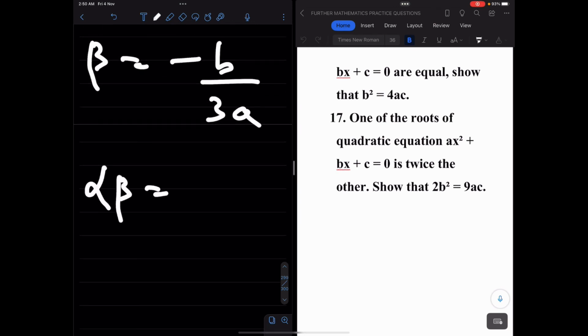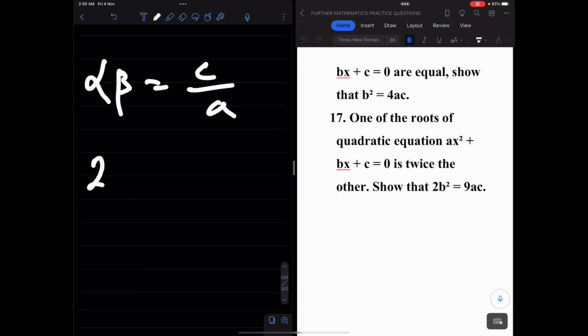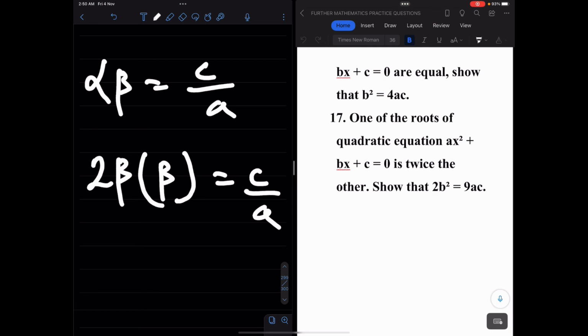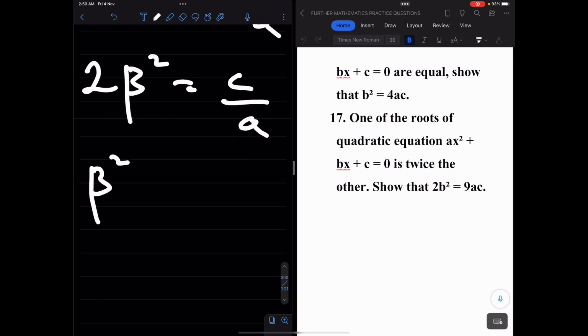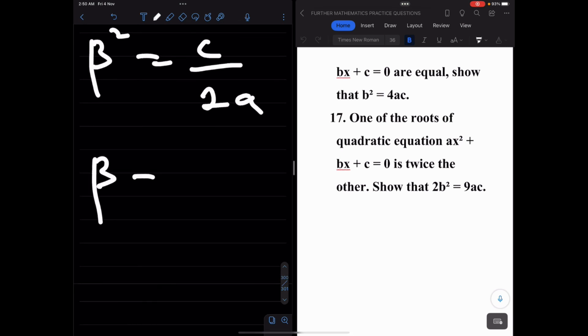Alpha beta, which is the product of the roots, is c over a, and alpha is the same as 2 beta. That simply means 2 beta times beta equals c over a, which means 2 beta squared equals c over a, and that simply means beta squared is c over 2a, and beta will be equal to the square root of c over 2a.